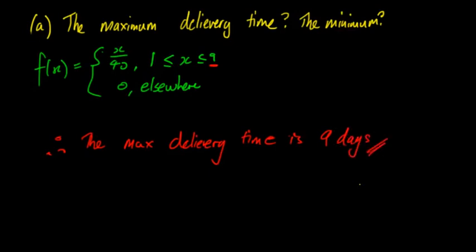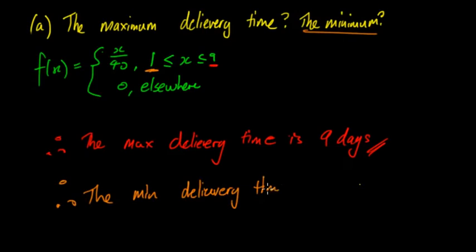And then for the next part, the minimum is going to be 1. So therefore the minimum delivery time is 1 day. You need to make sure for these questions you don't try and think, oh well, the minimum delivery time is going to be 0. You always have to look at the question. You can't just think sort of logically. You rather have to look at the probability density function given.